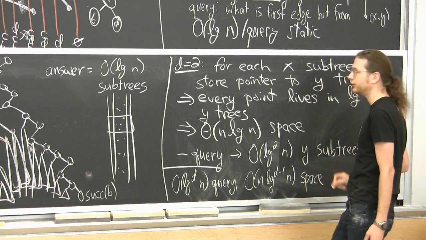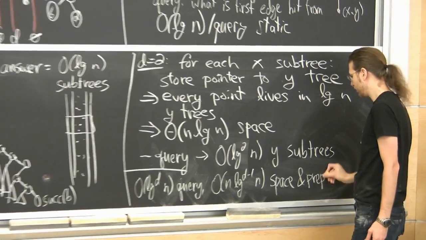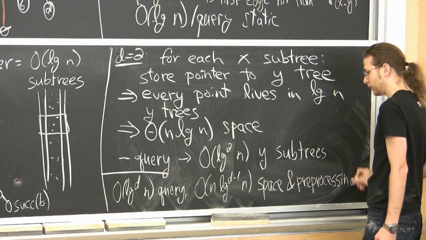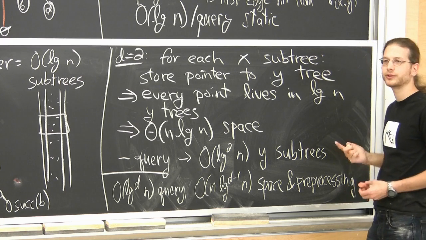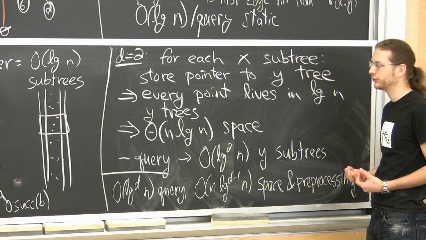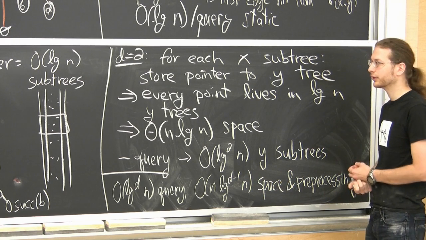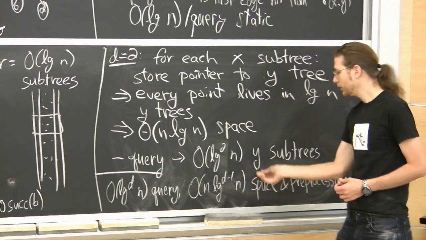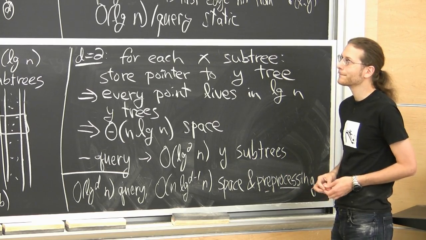And if you want to do this statically, you can also build the data structure in n log to the d minus 1 n time, except for d equals 1, where you need n log n time to sort. But as long as d is bigger than 1, this is the right bound for higher dimensions. So it takes a little bit of effort to actually build the structure in that much time, but it can be done.